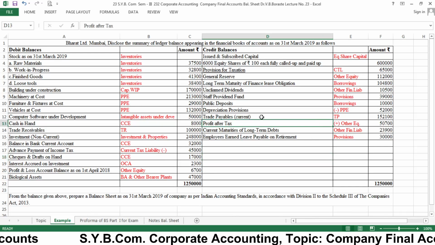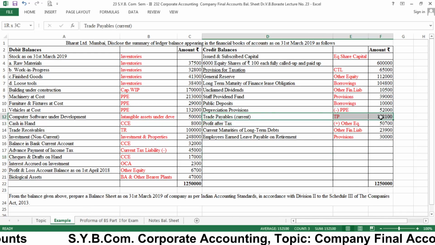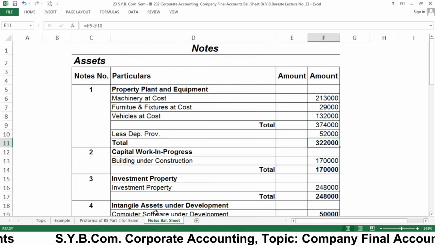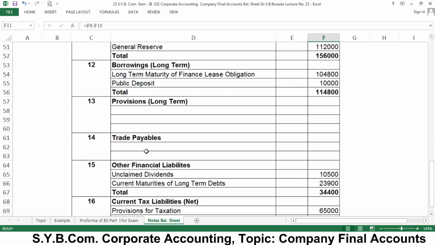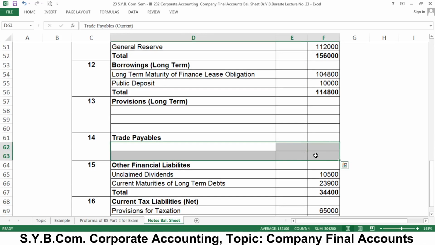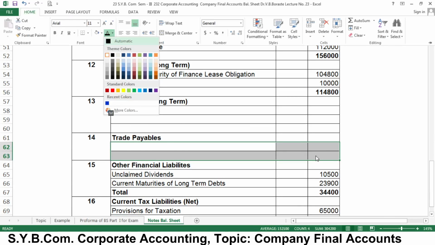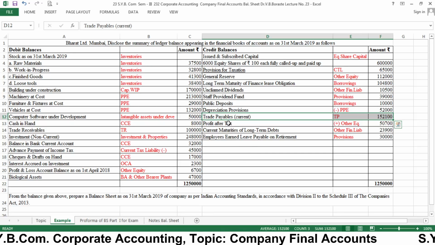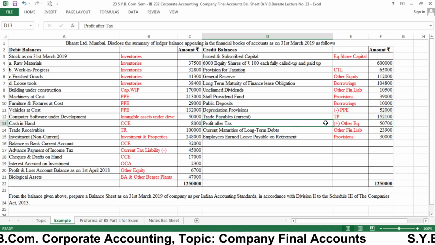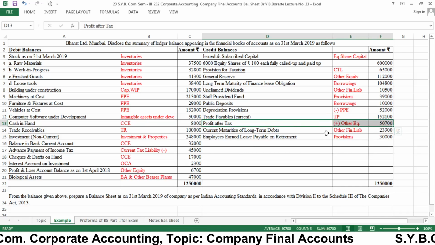After that, our next item is trade payable, which has to be recorded under the head trade payable. So on the liability side, there is one note called trade payable, where we have to put the amount of rupees 1,52,100. After that, profit after tax, which we have to add in the other equity.